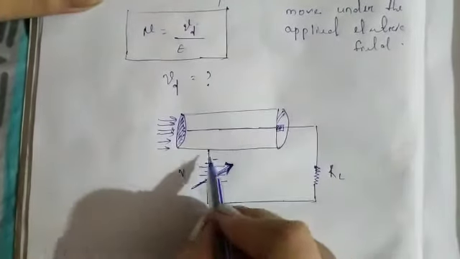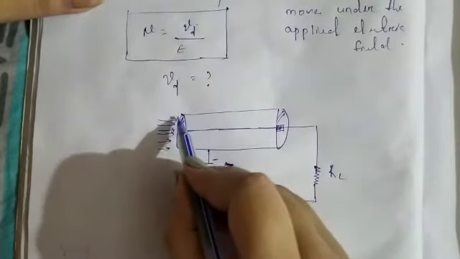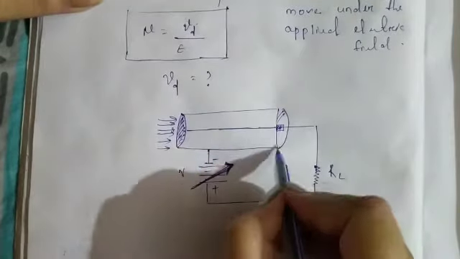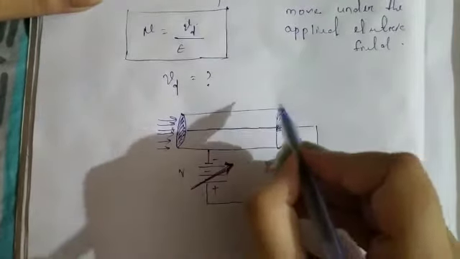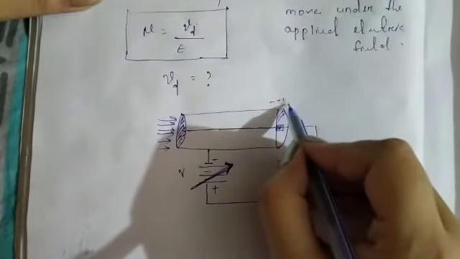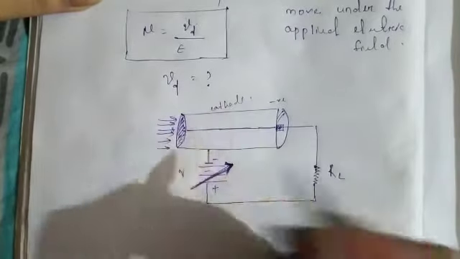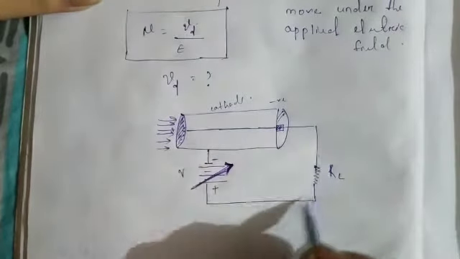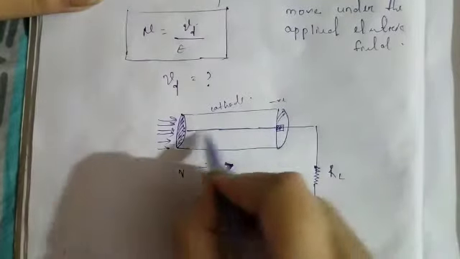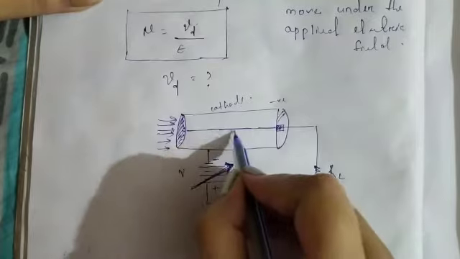The negative terminal is connected to the sides or walls of the chamber, so the sides become negative, and you can denote them as cathode. The central wire is connected to the positive terminal of the battery, so the central wire acts like an anode, positively charged.